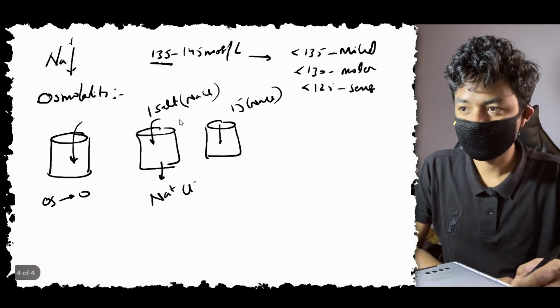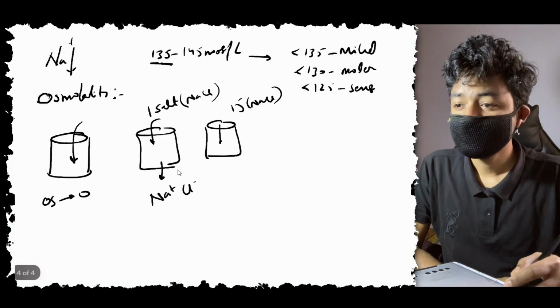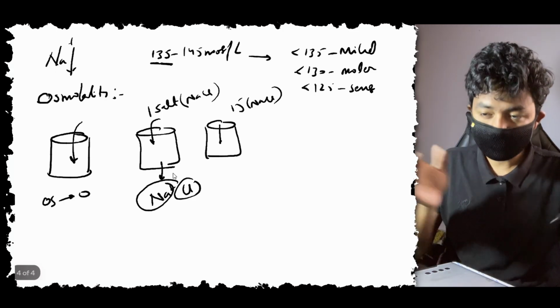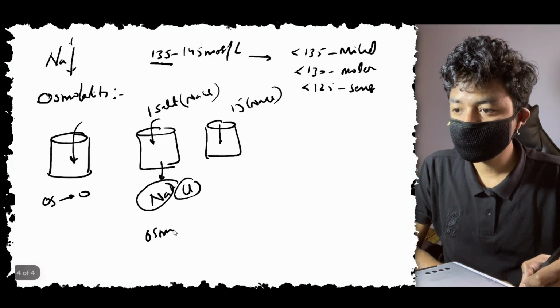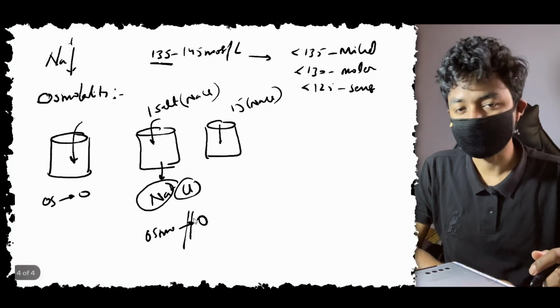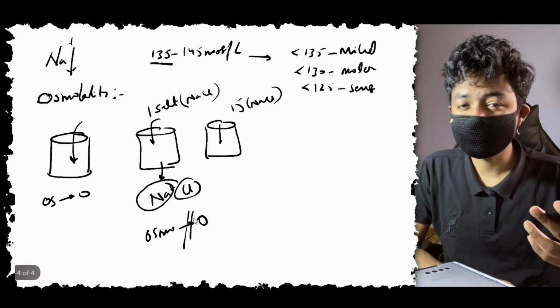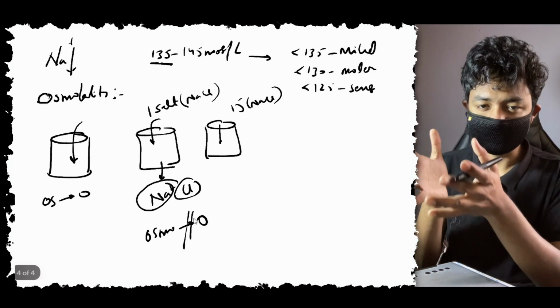If I put 1 gram of sodium chloride, essentially there will be 2 components. But we don't need to quantify it here. The osmolality is not equal to 0. You're getting my point? Some osmolality is there because of some solute particles, some crowding in the water.